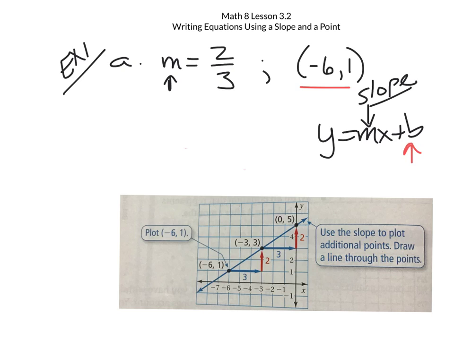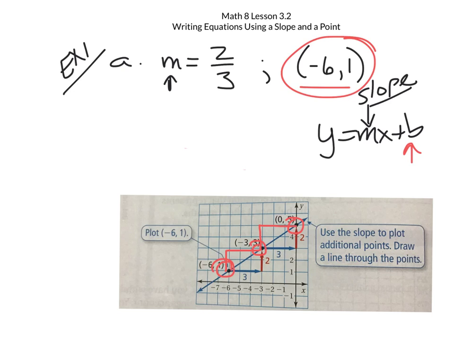Okay, so once they have given you the slope and a point on the graph, you can graph it, and I have given you the picture here. They took one of the points, -6, 1, and graphed it. Then they did the slope. So we went up 2 over 3 and put another point, up 2 over 3, put another point, and then they connected all 3 dots with a line.